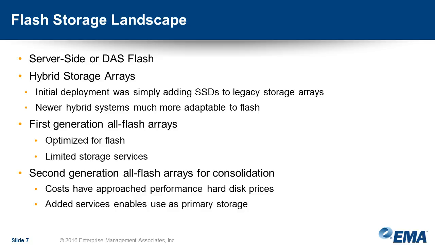So again, the overall benefits are somewhat limited. Not so today. The hybrid solutions today, those that contain both flash and spinning disk, are very much optimized for flash, and a typical use case is to have the most active data on the flash and move colder, less active data off to spinning disk.